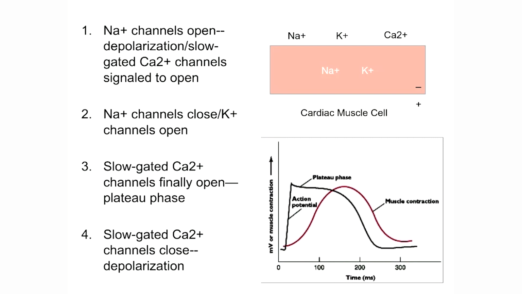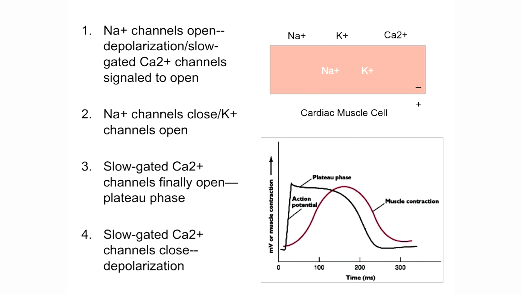So we have that plateau phase that makes it a lot longer time for repolarization to actually occur following the depolarization. And again, there's a reason for that. It ensures that the heart is able to relax in between contractions so that it can fill with blood and it can continue to push blood out to the tissues of the body.